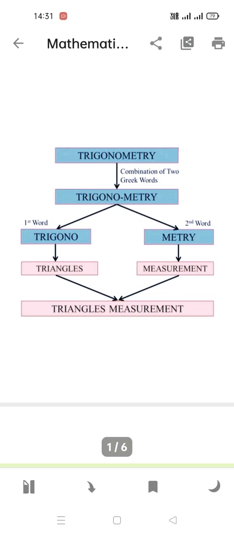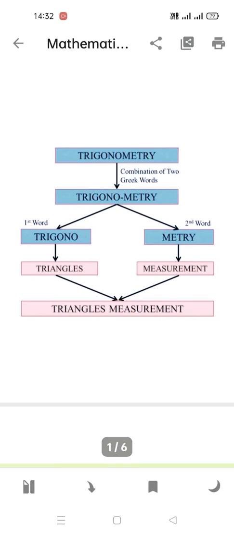First, let us understand the word. Trigonometry is the combination of two Greek words. The first one is trigono, and the second word is metry.